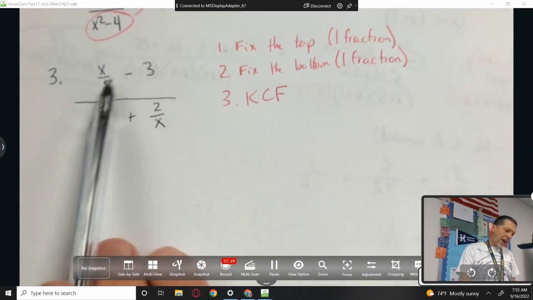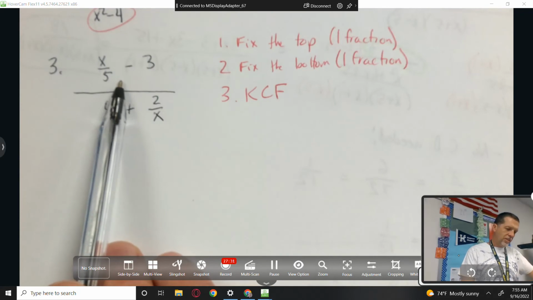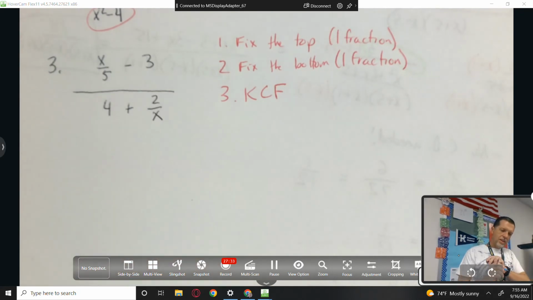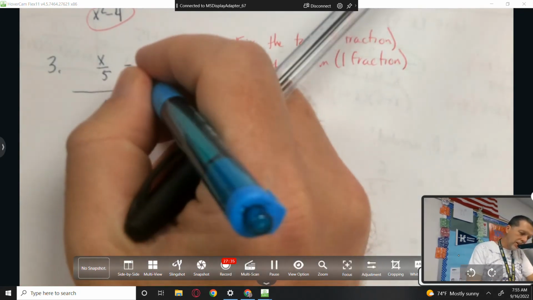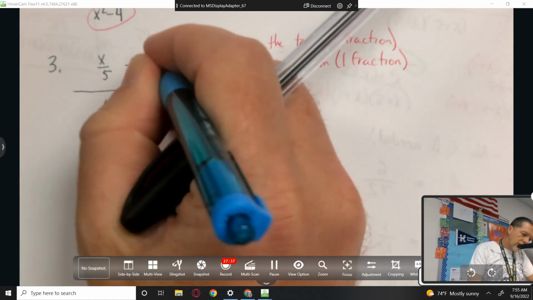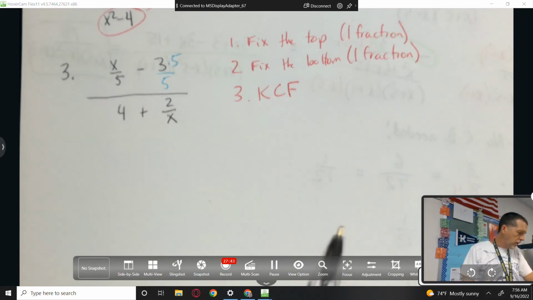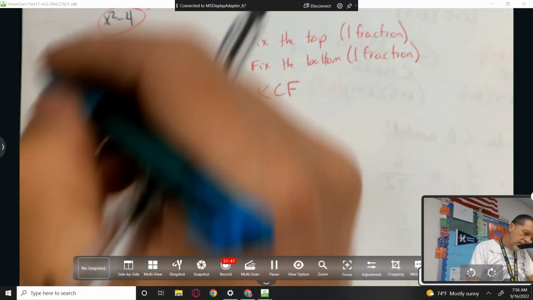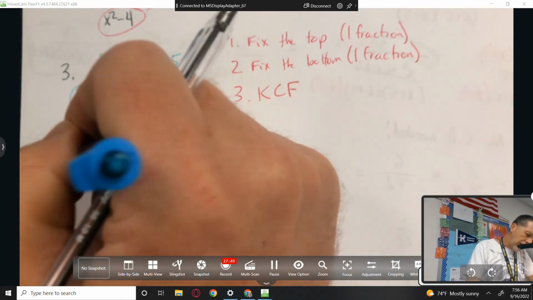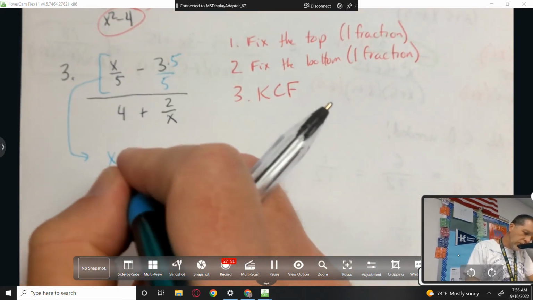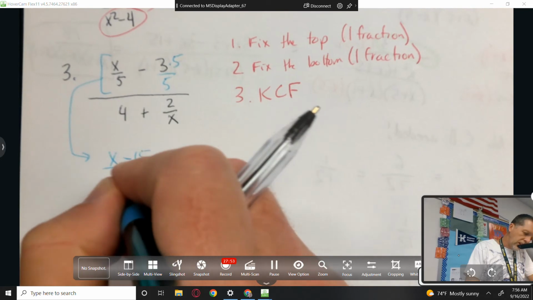Okay, how am I going to add the numerators here? What do I need? Common denominator. So I'll put a 5 on that second fraction, give it a 5 denominator, and then a 5 numerator. And so my overall numerator now is x minus 15 over 5.